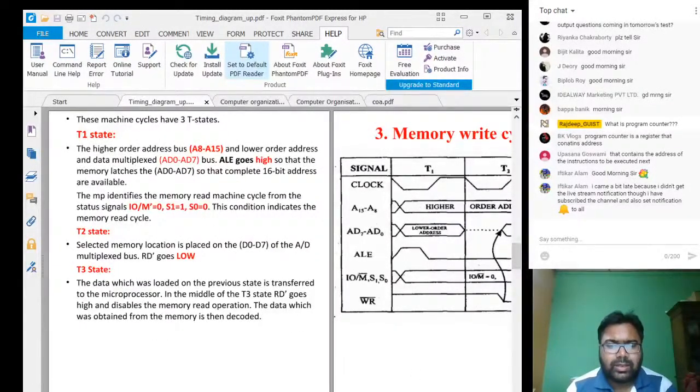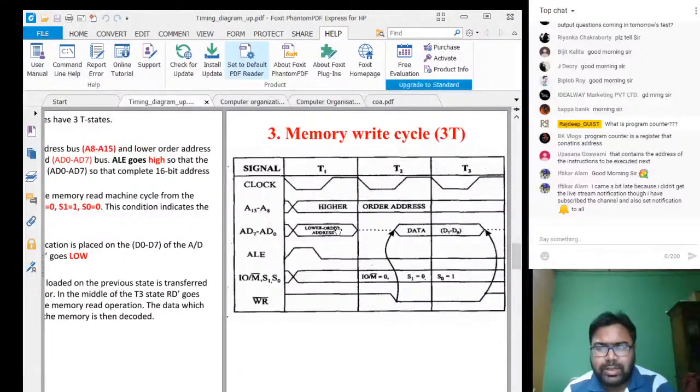Okay, so next we have your memory write cycle. It is similar. Only in place of the read signal we have the write signal.